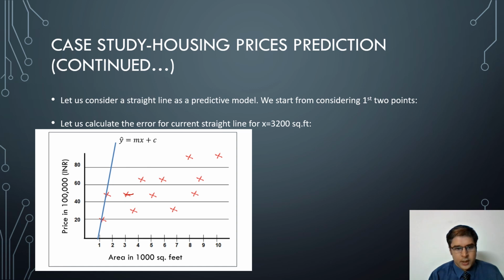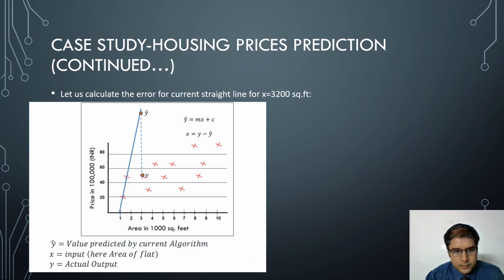Let us calculate the error if we take the linear regression line as this line. The error is y minus y cap. The actual value is this, the predicted value is this, and that will be our error.